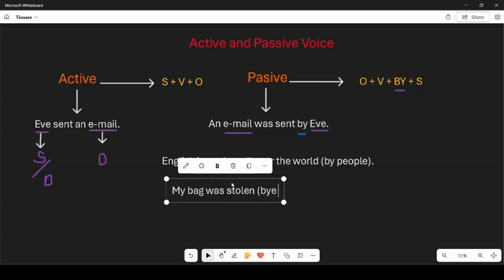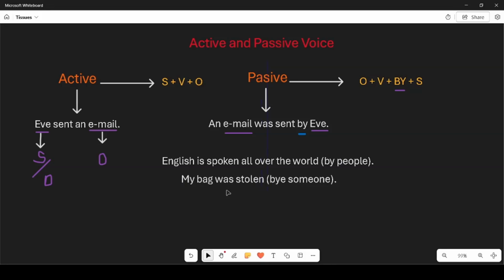So by someone. This someone is optional. So we don't need to write by someone, if you can, but it's not necessary. Even for the first sentence, English is spoken by people all over the world, it's the same case. It's not necessary for you to mention it.